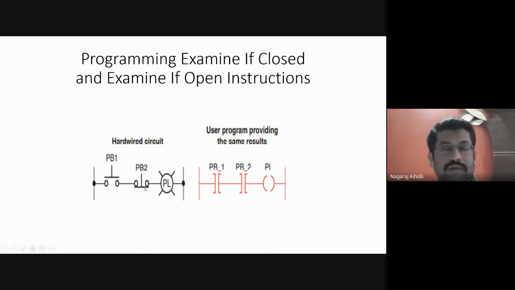If it is required to be energized, then it will open. Here the logic is, for push button 1, 0 indicates off state, that is open state, and 1 indicates true state, that is closed state. For push button 2, it is the opposite logic. Open means off state, and closed means on state.